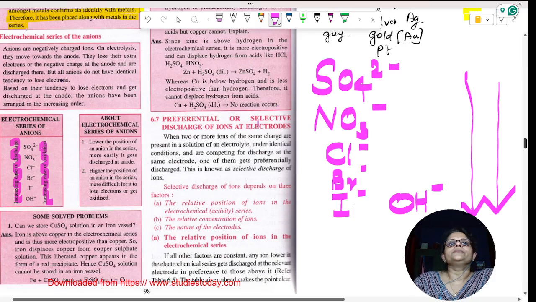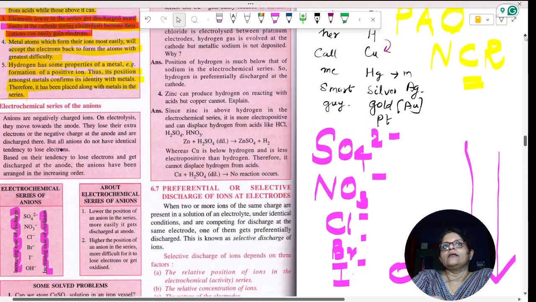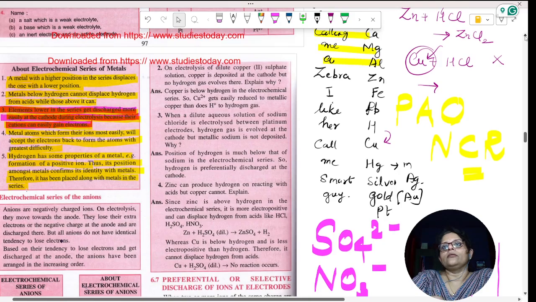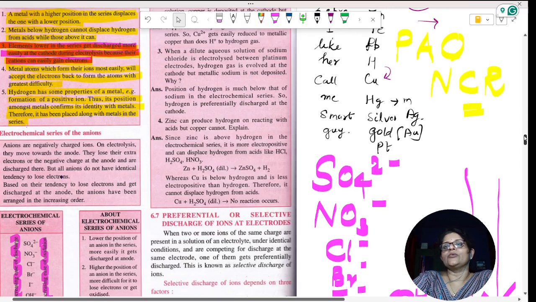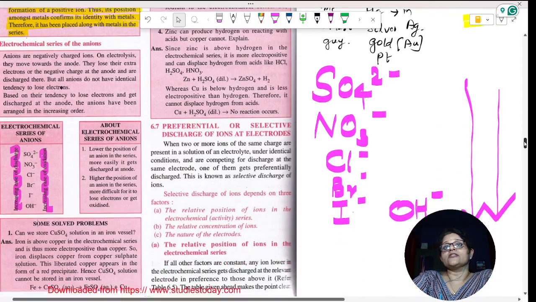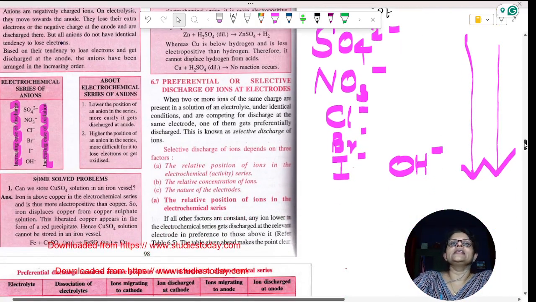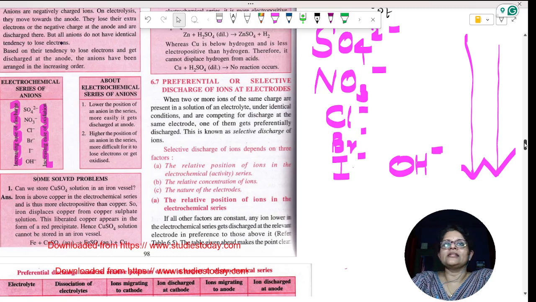Here also, the one which is below in the series will be oxidized first when it comes to discharge.